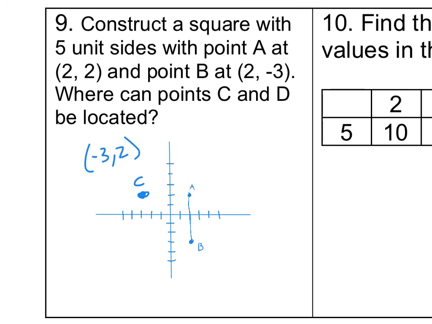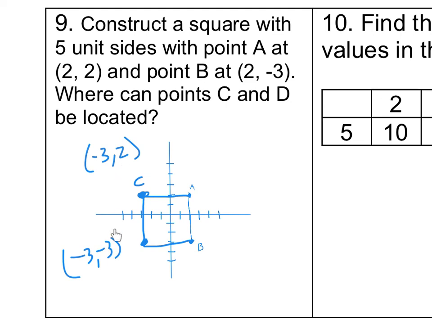And then for D, it's going to be negative 3, negative 3, which is going to be right here. Negative 3, negative 3. And now when I connect those, assuming I go right through my lines and it's perfectly square, you'll see that each side is 5 units apart, right?